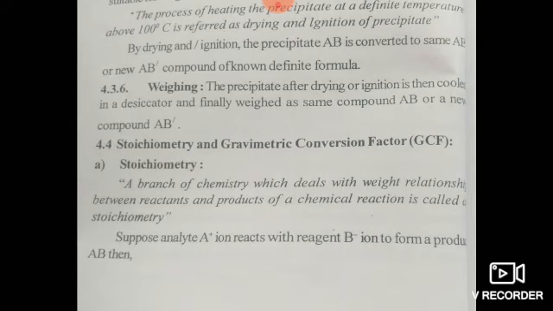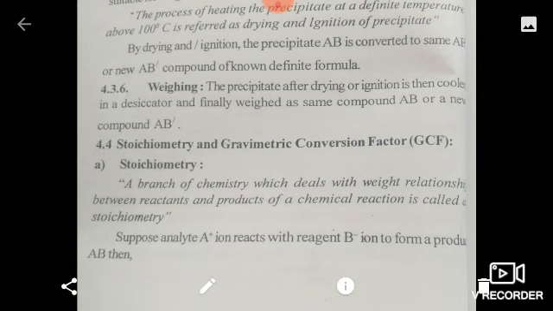So next, what is the process of heating, drying, incineration or ignition? The process of heating the precipitate at a definite temperature above 100 degrees Celsius is referred to as drying and ignition of the precipitate.